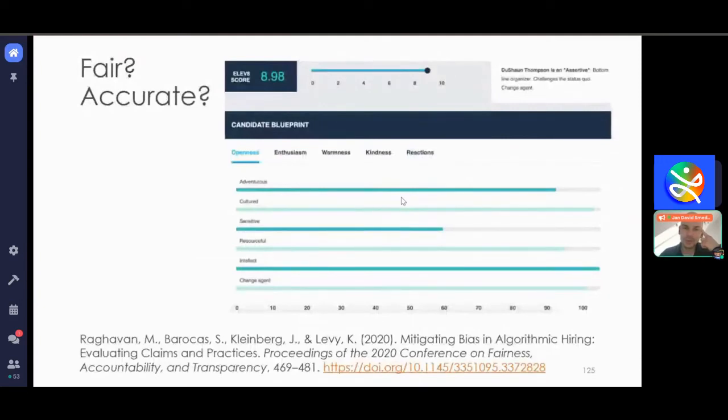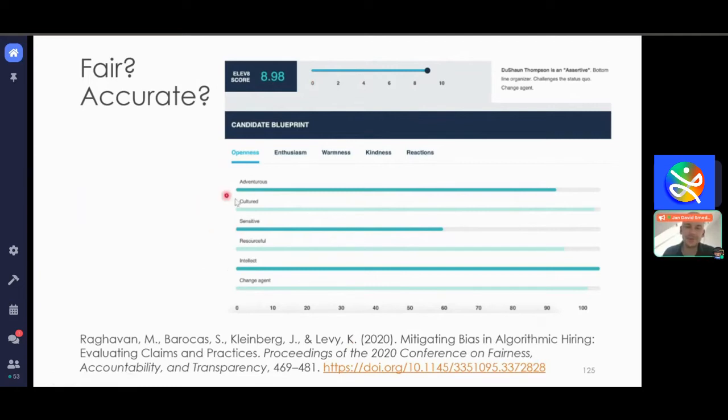And just to drive this home with another practical example, this is a system that does one of these automatic candidate assessment scores in a hiring situation.